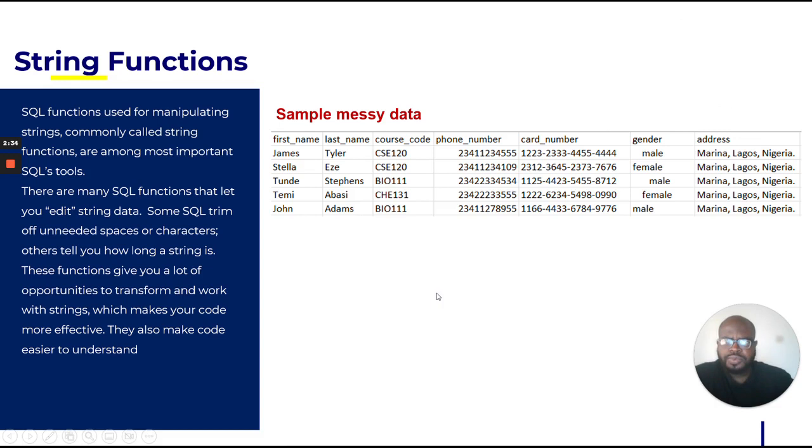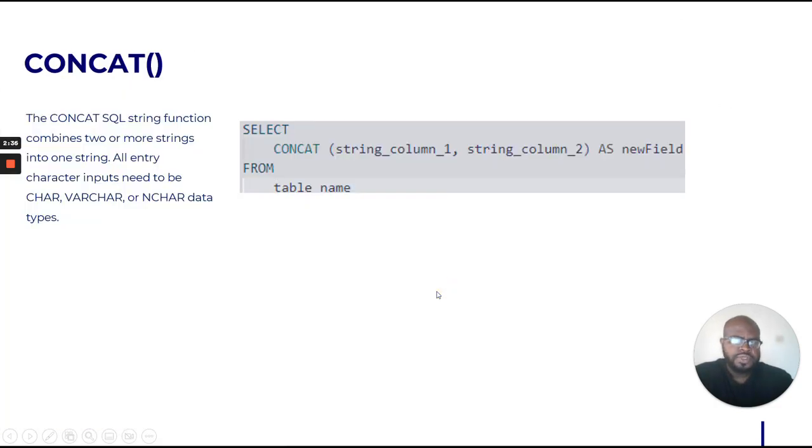Now, let's jump right into our first function, and that's the concat function. Concat is gotten from the English word concatenate, which means to join two things together.